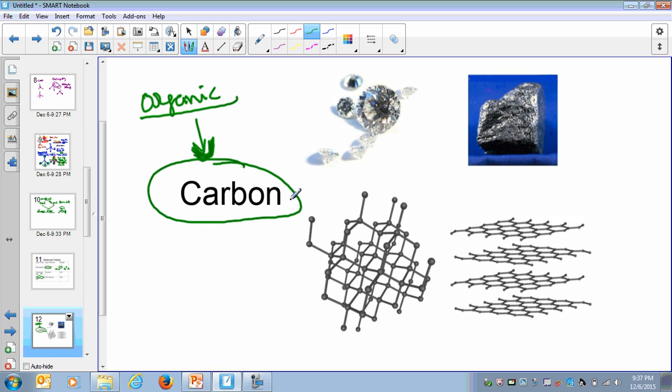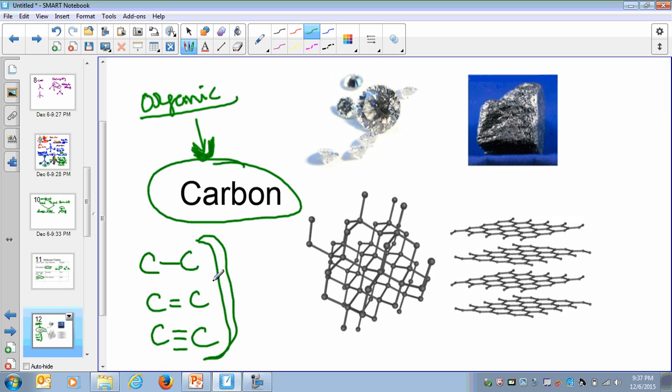But the other thing is that carbon has a very unique ability that no other element has. Carbon can make single bonds, carbon can make double bonds, and carbon has the ability to make triple bonds. This uniqueness only belongs to carbon.